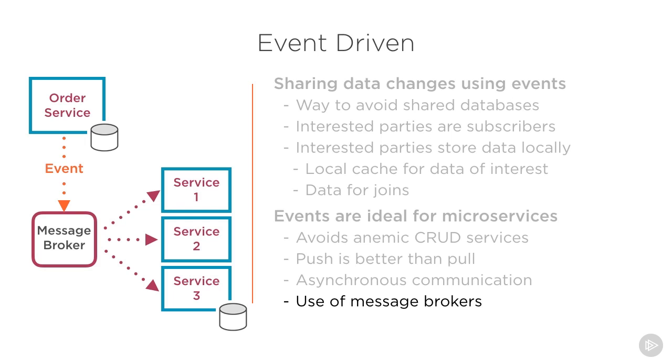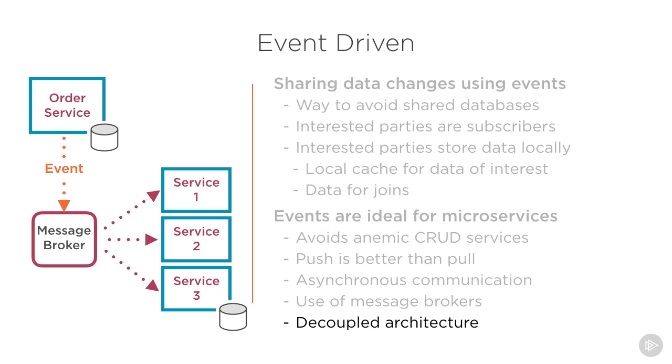And there are also well-established technologies around to support this type of communication, technologies like message brokers. In fact, there's a module on this course titled How to Architect Asynchronous Microservices, where we cover the use of message brokers to handle event-driven asynchronous communication.